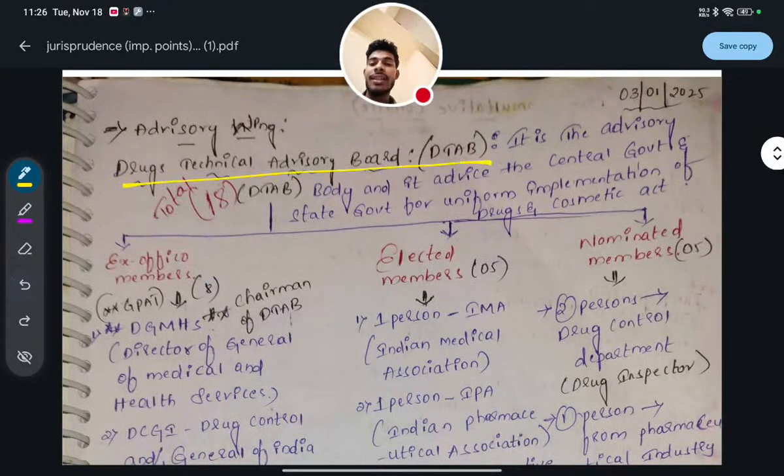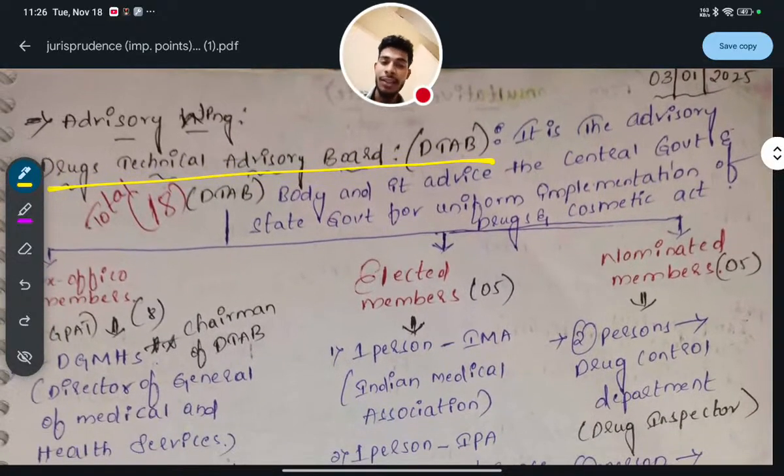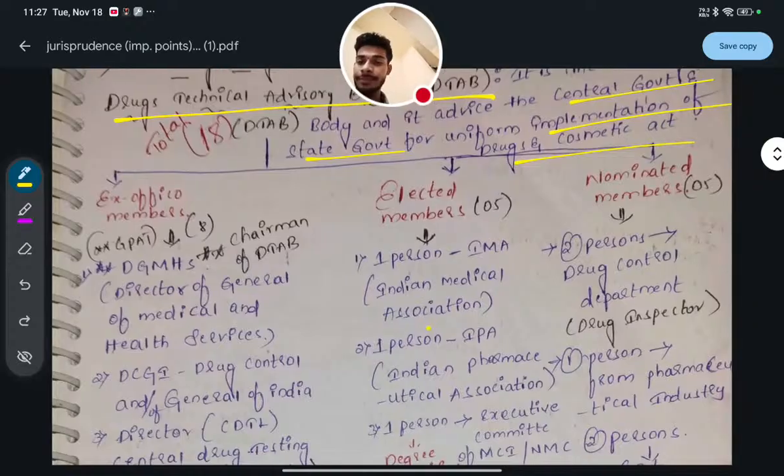DTAB stands for Drug Technical Advisory Board, and it is an advisory body, and it advises the central government and state government for the uniform implementation of the Drugs and Cosmetics Act.